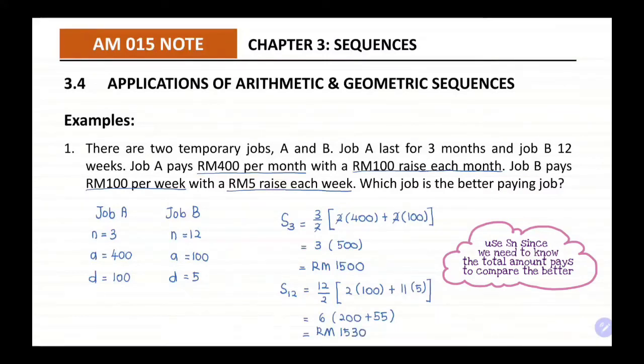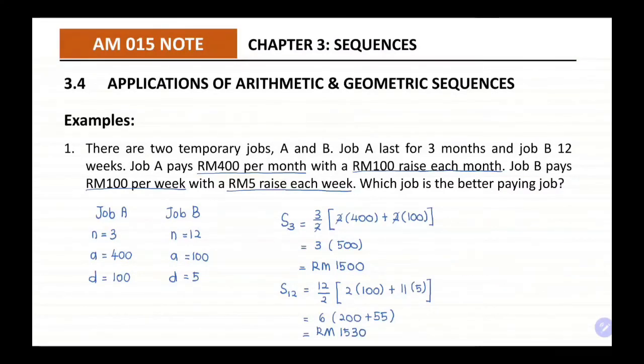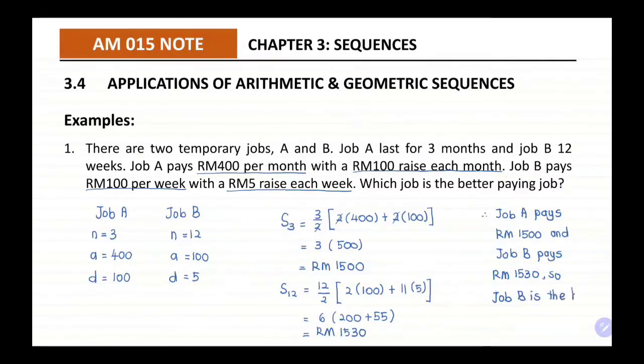So job B is the better paying job. We conclude job A pays RM 1500 and job B pays RM 1530. So job B is the better paying job.